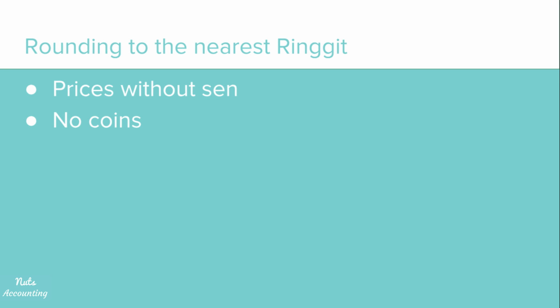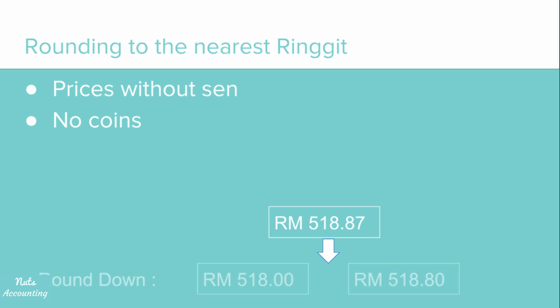So if you would like to do this, what you need to do is, for 518.87, you can choose to round down to 518.80. If you don't want the 7 cents, you can round it to 80 cents. Or if you don't want any coins at all, you can round down to the nearest ringgit, which is 518 ringgit.